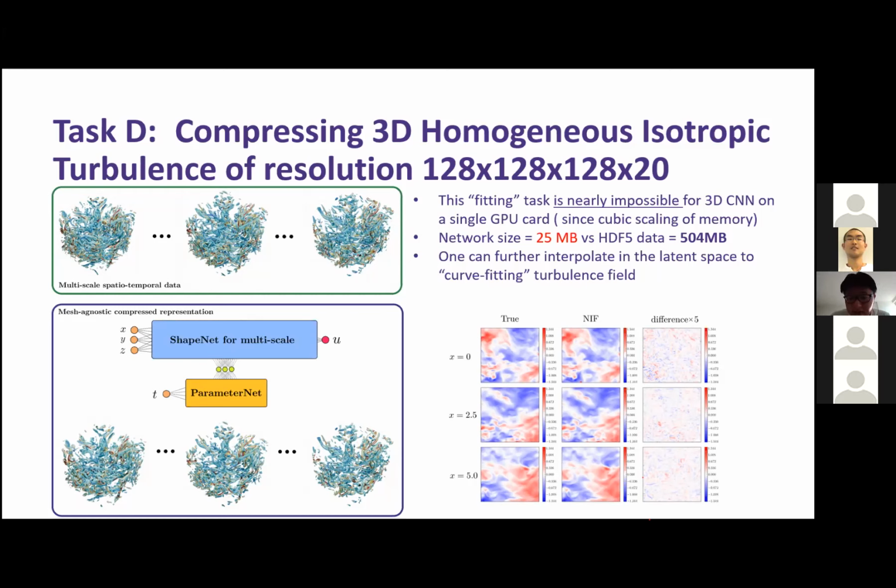This is basically insane, and it's also insane to transfer. What if I can compress all this by just training a big neural implicit flow?